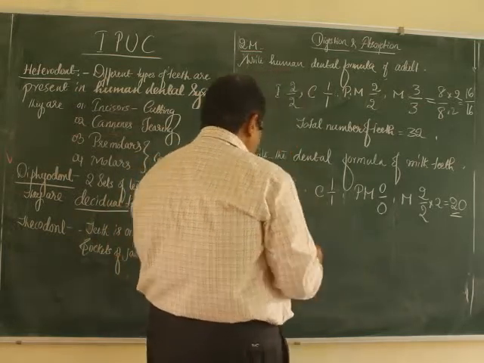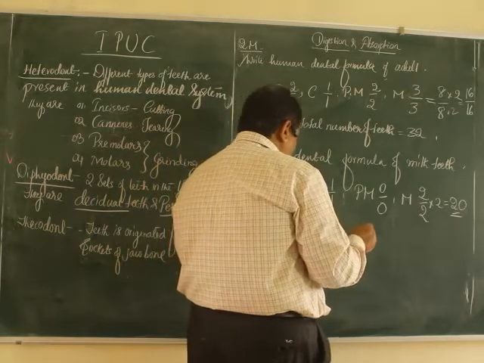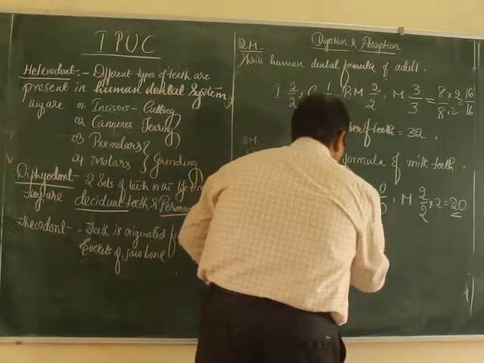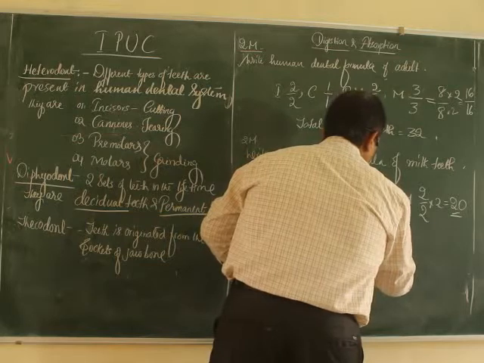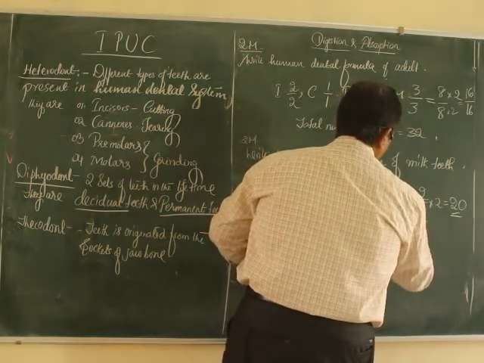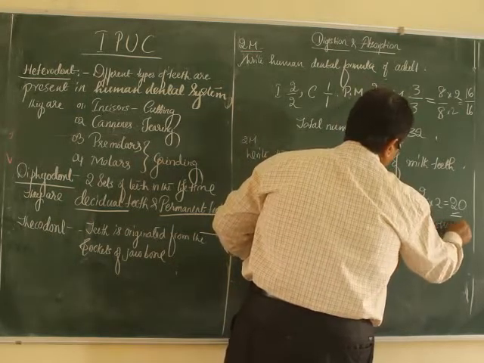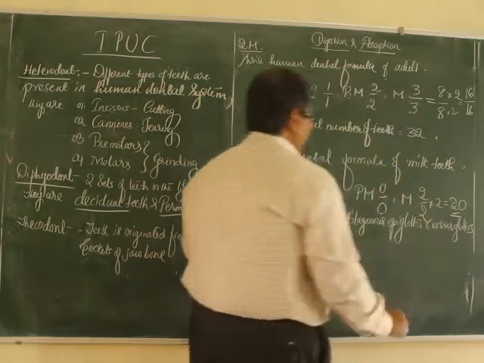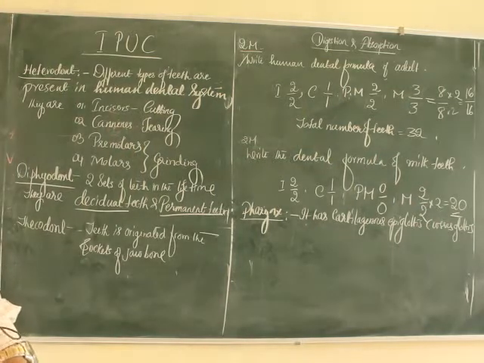Pharynx is the shortest part and it has a cartilaginous epiglottis which closes the glottis.